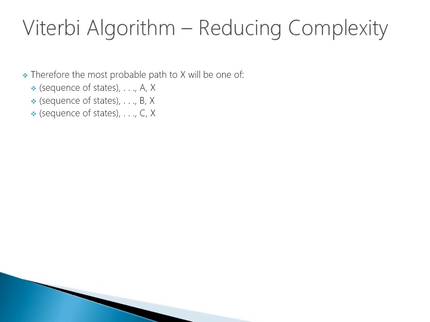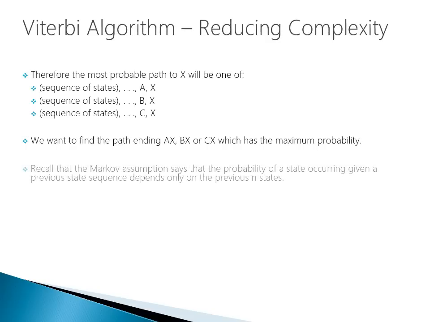Therefore, the most probable path to X will be one of some sequence of states to A, then to X, a sequence of states B, then to X, or some sequence of states C, then to X. We want to find the path ending AX, BX, or CX, which has the maximum probability.